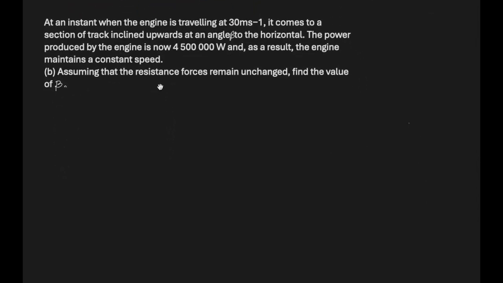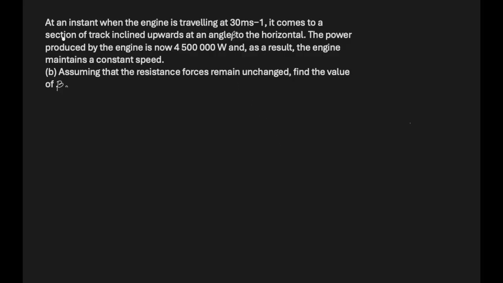At an instant when the engine is traveling at 30 meters per second, it comes to a section of the track inclined upwards at angle beta. So a different angle now. This is beta. So we can't use alpha anymore. The power produced is this much, and as a result the engine maintains a constant speed. So 30 meters per second is the instant when it started here. Okay, so we know that power is the applied force multiplied by the speed.